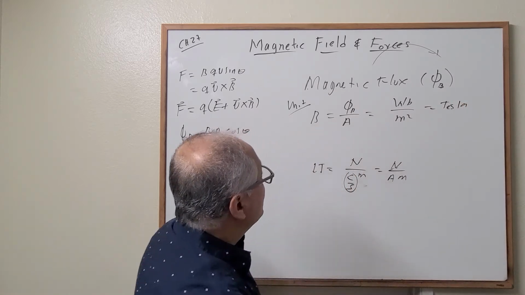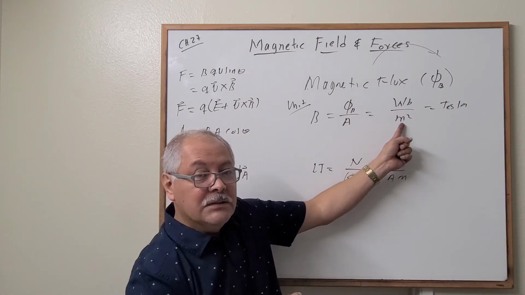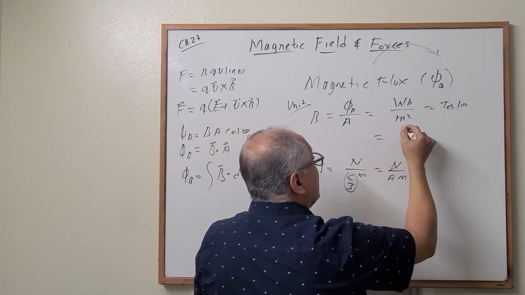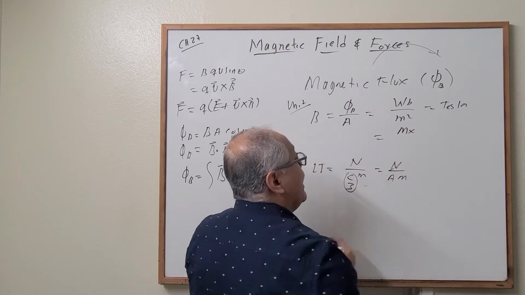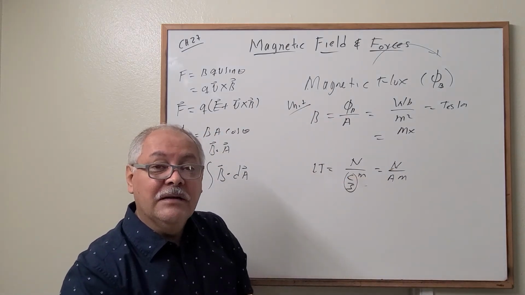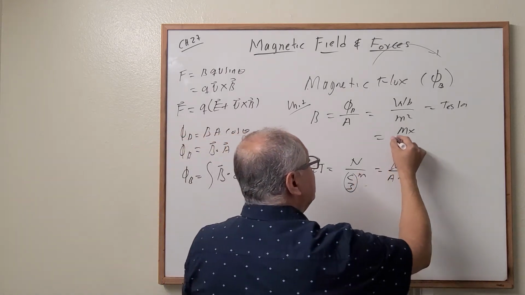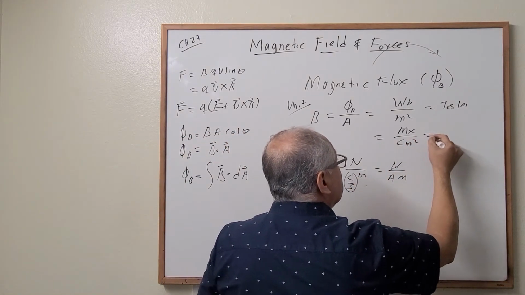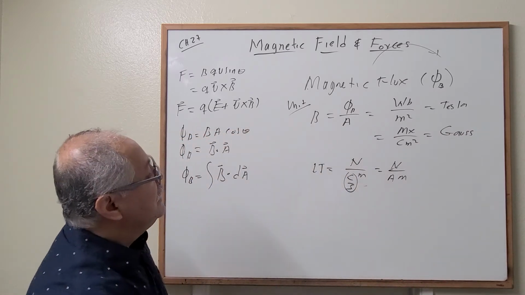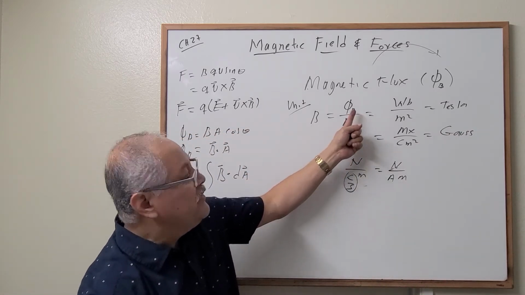Now, if we use centimeters instead of meters, in this case the unit is going to be Maxwell. Remember, one Maxwell is 1 line of the magnetic field, and divided by square centimeters it equals 1 Gauss. And because this is divided by area, this represents a density.